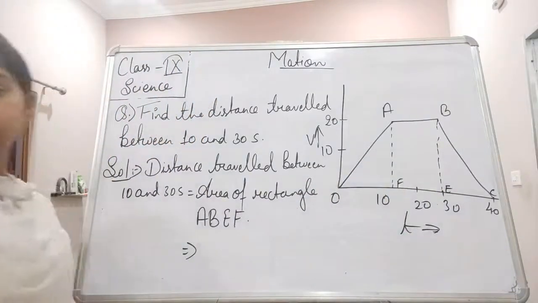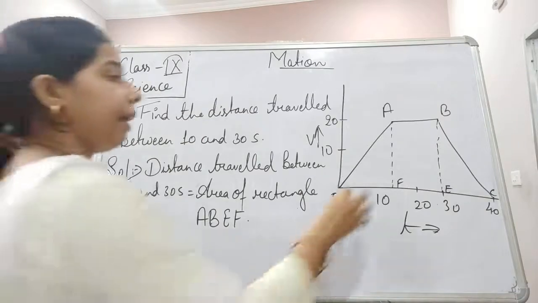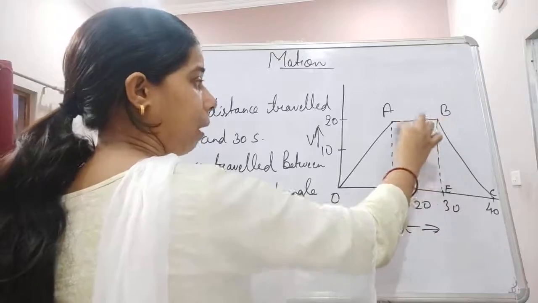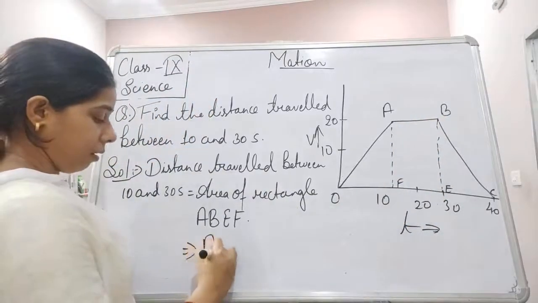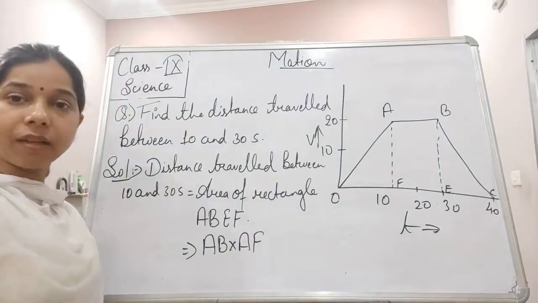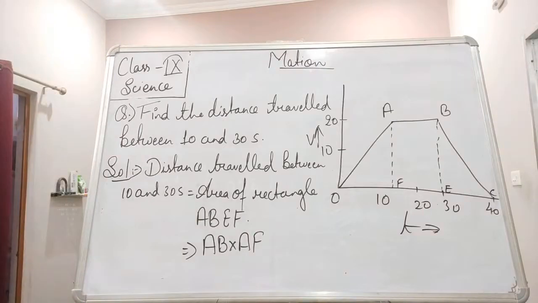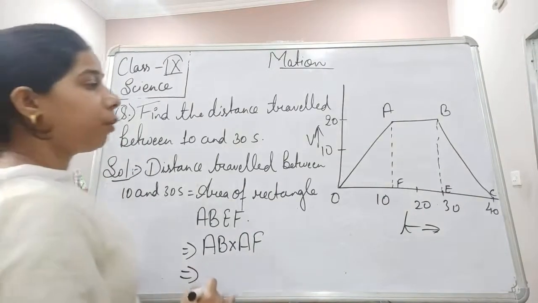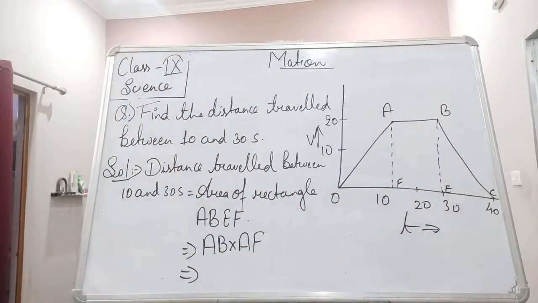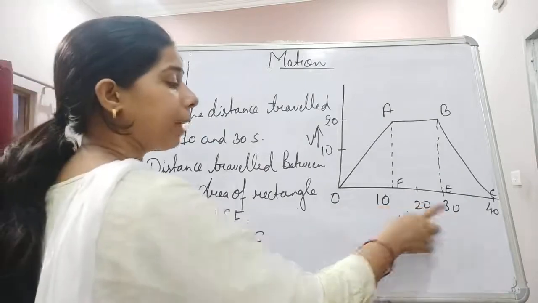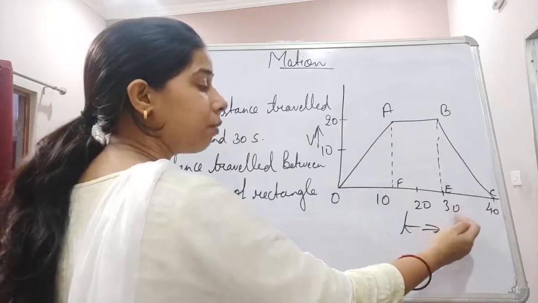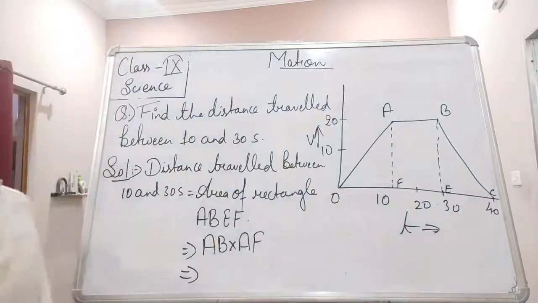Length into breadth, so AB into AF. Now AB will be equal to what, students? AB is parallel to EF, so we can say this will be equal to 30 minus 10.